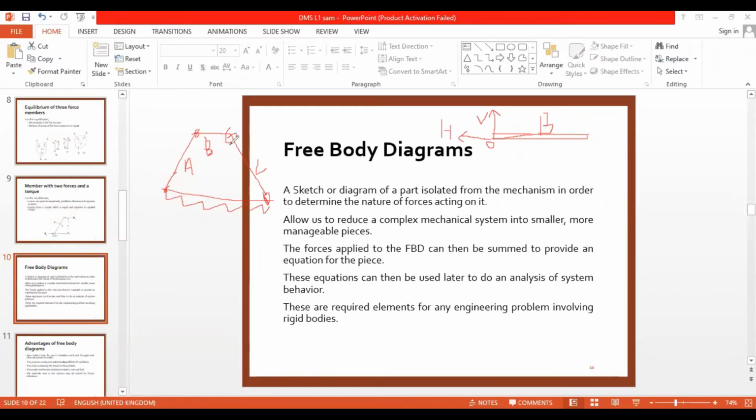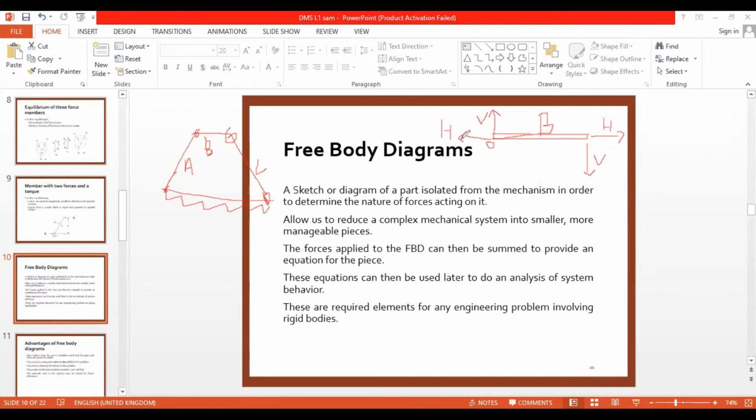In a similar way about this point also, since I broke this one, I will have two forces acting on it. Assuming this is in equilibrium, I will draw a horizontal and a vertical force member. This is our horizontal force member, and this is our vertical force member. Why are we doing this?